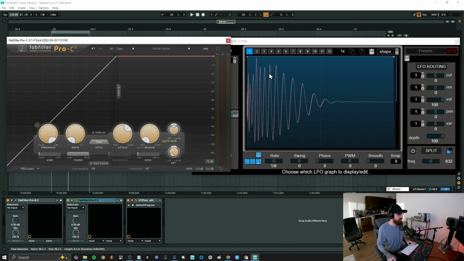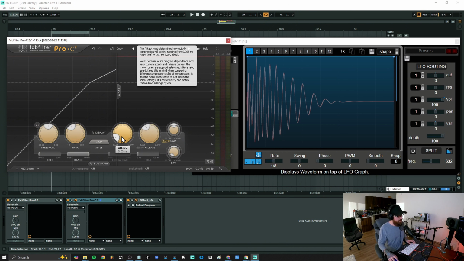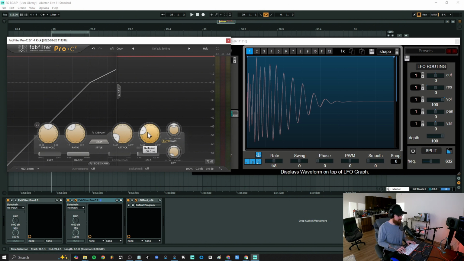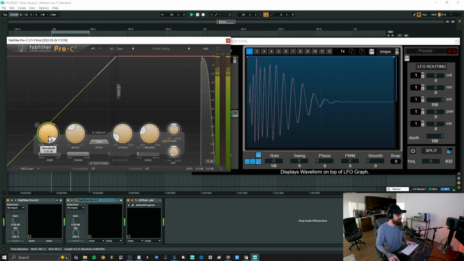So we'll start with a ratio of 2 to 1. We'll start with a fairly quick attack time at 0.25 milliseconds and a release time of, let's go with 100 milliseconds. And let's reduce the threshold from 0 down until we actually start applying some compression.